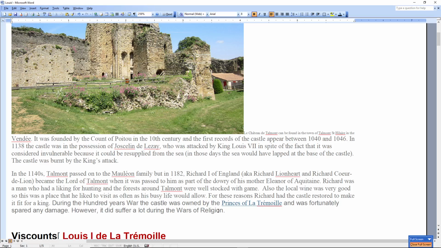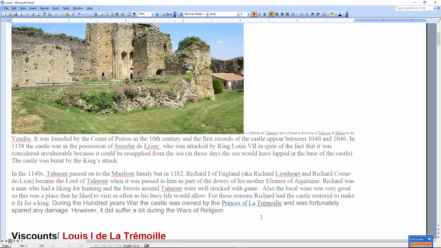of War, it was owned by the princes of Tremolay. Now, Louis I was a viscount of Tremolay, which is basically the same as a prince. It was pretty much under his control after he got married to Joan II, who was the only daughter of the Duke of Normandy at the time, John II.